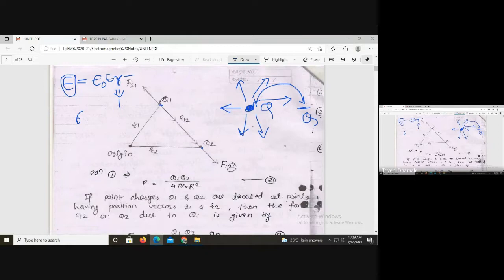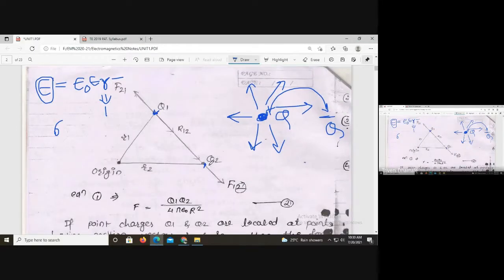Now the distance between these two charges q1 and q2 depends on the direction of that vector, directed from q1 to q2 or q2 to q1. Now here, please concentrate: suppose the force applied on charge q2 is by q1. So here the force applied on 2 due to charge q1, right?